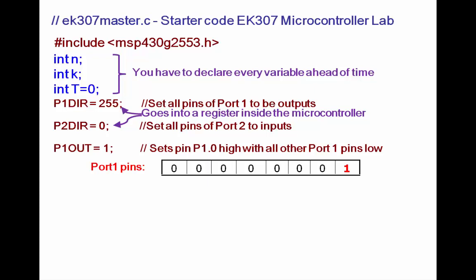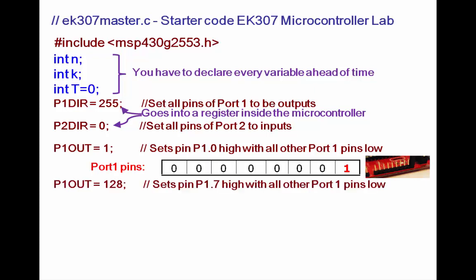All other pins would register 0 volts. Remember, these are actual port pins that appear on the microcontroller development board. Alternatively, if you take the microcontroller out of the development board, on the actual pins of the microcontroller chip.